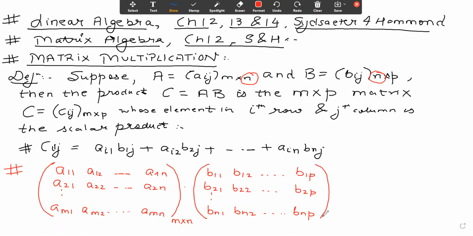You can clearly see this is the N cross P matrix.